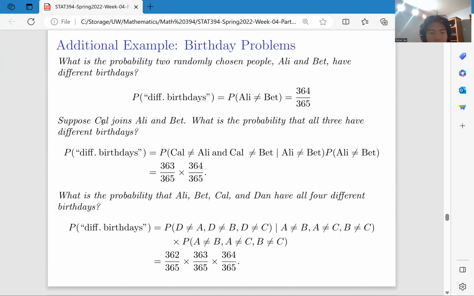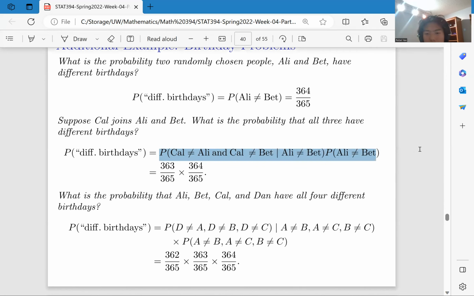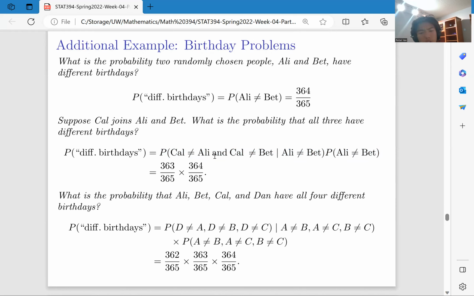And if we also consider person C, Cow, so that all of them have different birthdays, we can use conditional probability here. Because Cow cannot equal Ali and Cow cannot equal Bet, he can only have one of 363 days, except for Ali's birthday and Bet's birthday.